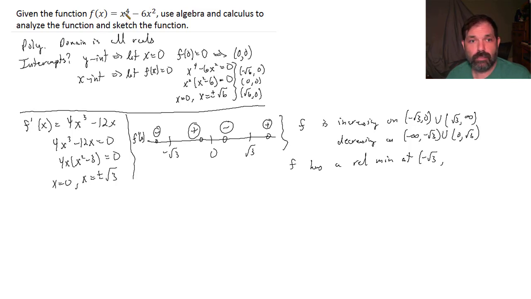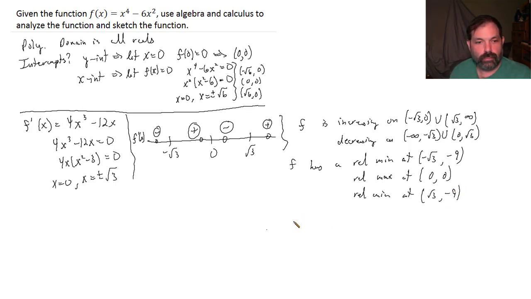That would be 9 minus 6 times 3. 9 minus 18 is negative 9. It has a relative max at 0, substituting 0 into the function. I'd have 0 minus 0, so (0, 0). And again, a relative min at root 3, and it ends up being negative 9 as well. So there's all that analysis from the first derivative.